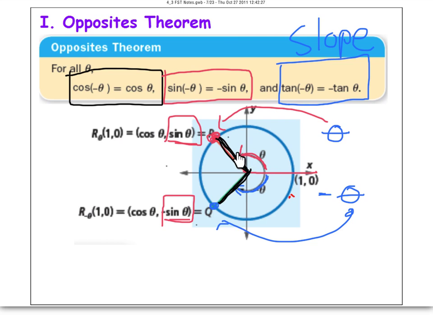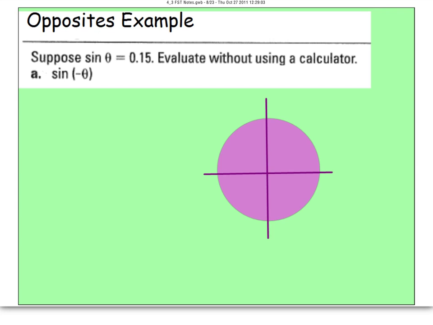Here's the positive angle, here's the tangent. So all they're saying is take the slope of this guy, make it negative, and you will get the slope of this guy. Or use the formula. Remember, tangent is just sine over cosine, because if you have the sine and cosine values, you can plug them in here and see what the tangent is going to be. So let's do this example.